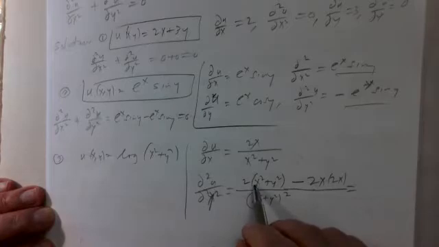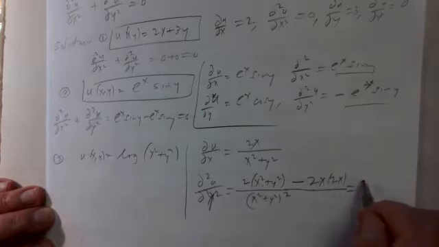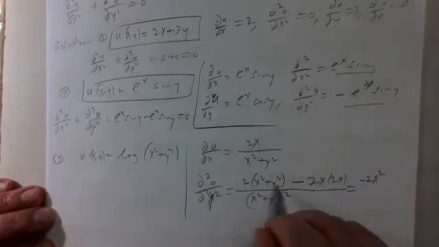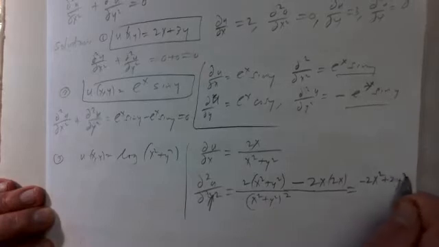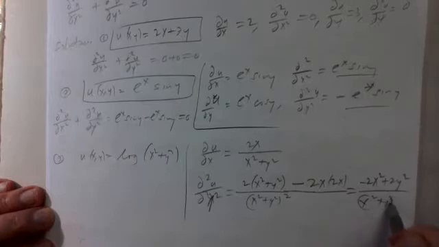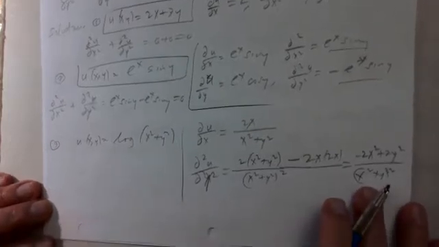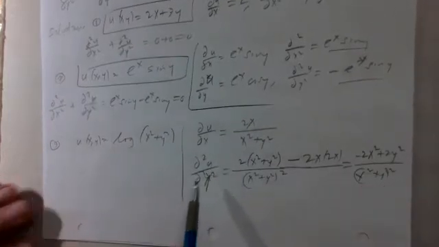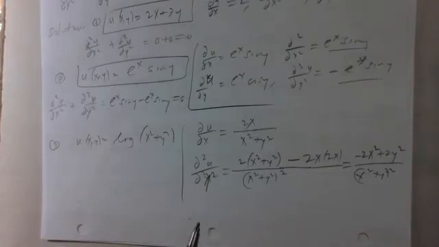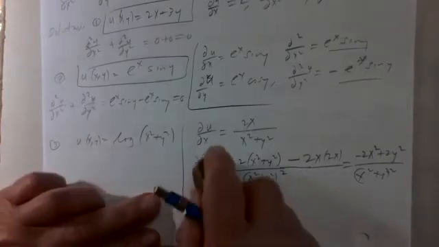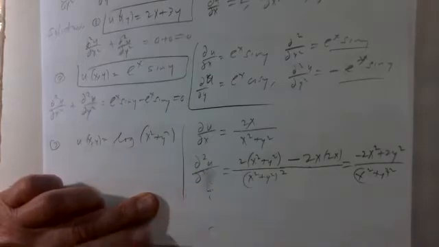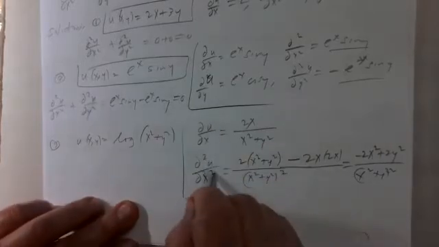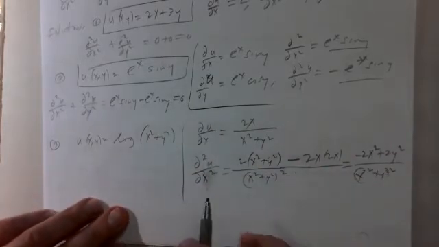So we have 2x squared plus 2y squared minus 4x squared, which is minus 2x squared plus 2y squared, over x squared plus y squared squared. So if you differentiate u with respect to x twice, this is what you get.